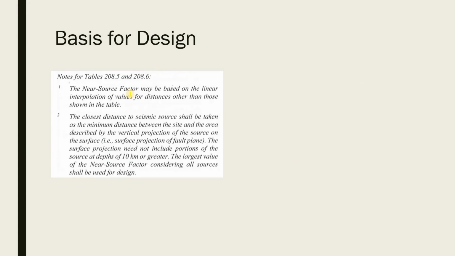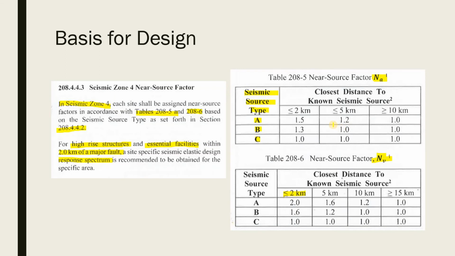Sabi, okay, the note says that the near source factor may be based on the linear interpolation. Ibig sabihin, kapag chinek natin yung near source factor natin, at hindi nag-fall sakto sa 2 kilometers, 5 kilometers, ganyan, we can do a linear interpolation para malaman natin kung ano yung ating near source factor.